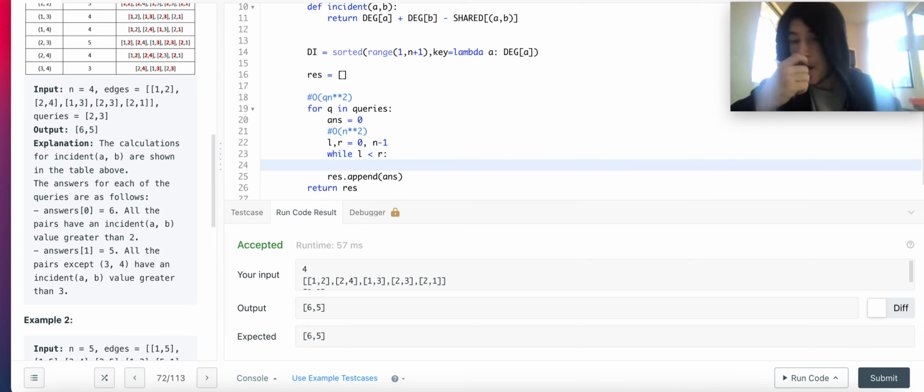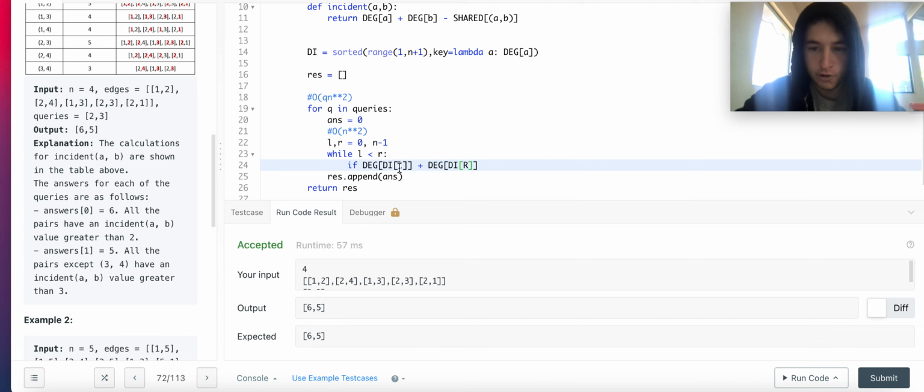we'll say if degree of di at L plus degree of di at R, right? I'm trying to get the degree of these things in order. So I'm using this di because it's the sorted range.